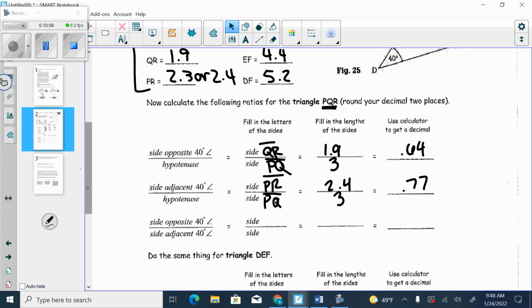All right, and then we've got the side that is opposite, which we said was QR, over the adjacent, which we said was PR. So for us, opposite we said was around 1.9 or 2, and PR we said was about 2.4.